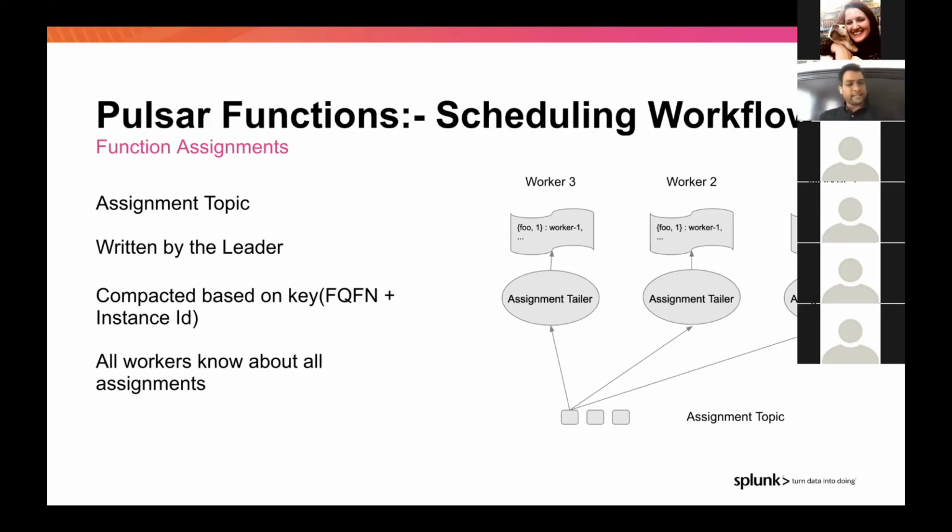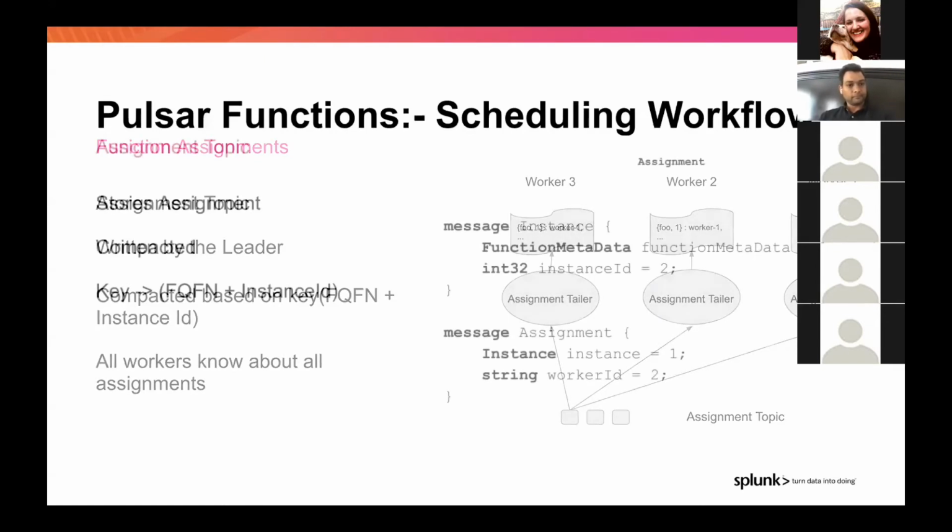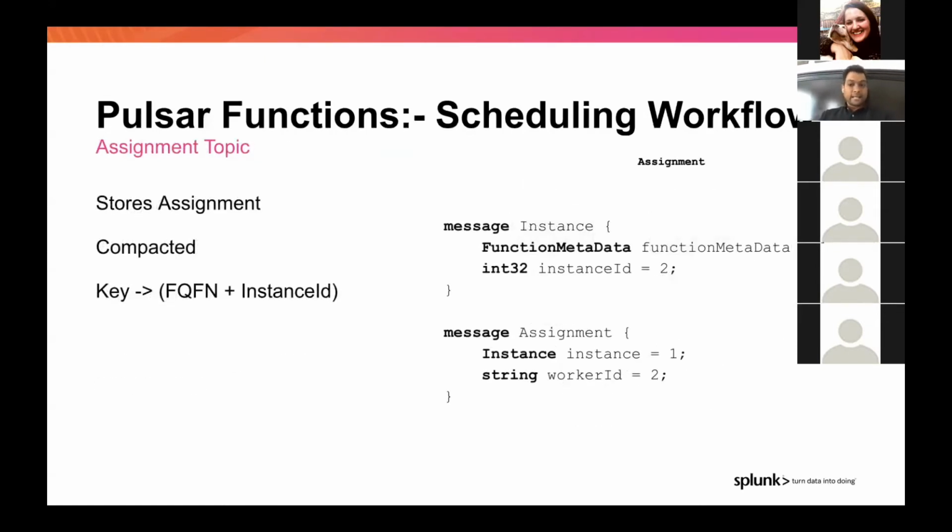Again, we take the same approach as what we did for function metadata. All the workers know about all the assignments. It makes the state machine, again the same state machine, very simple. The assignment topic stores the assignments, and the assignments are all protobufs. All of this system logic, whether it is function metadata or the assignments, is kept as proto messages, for the reason that protobuf provides backwards compatibility and serialization.